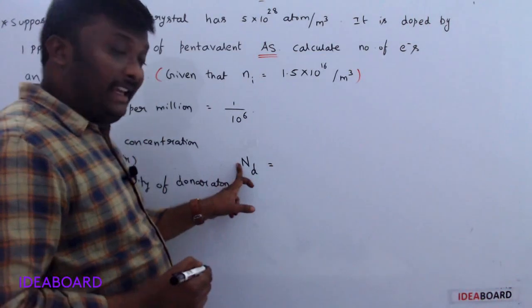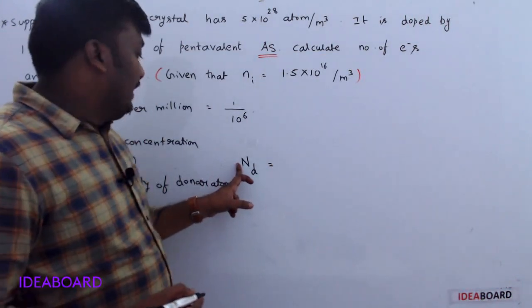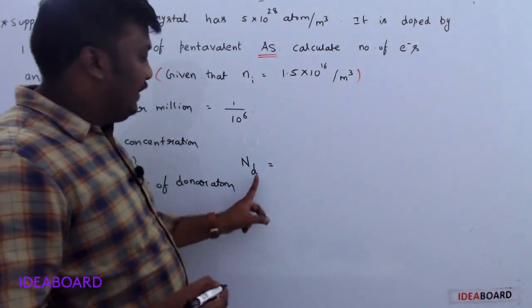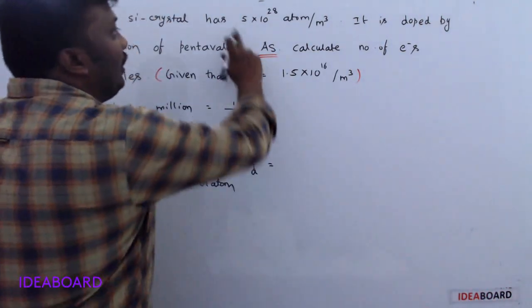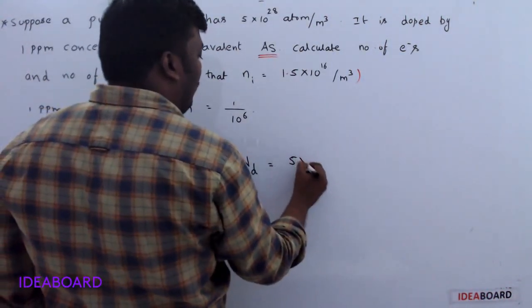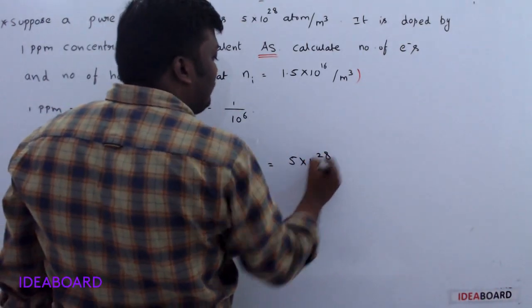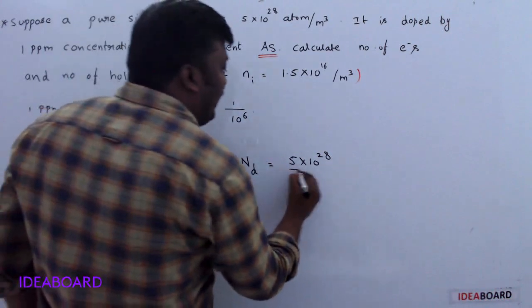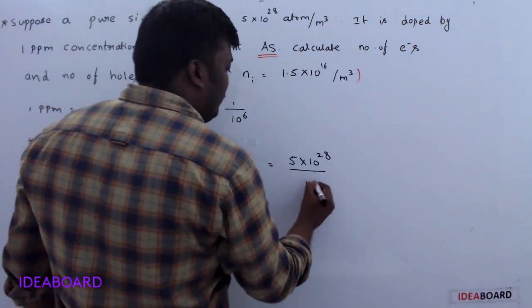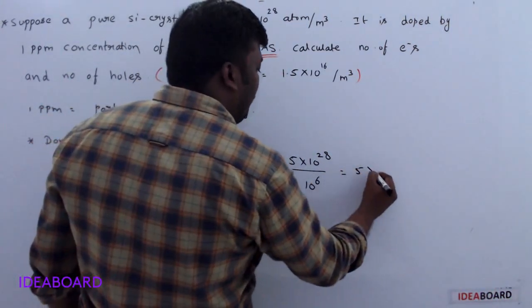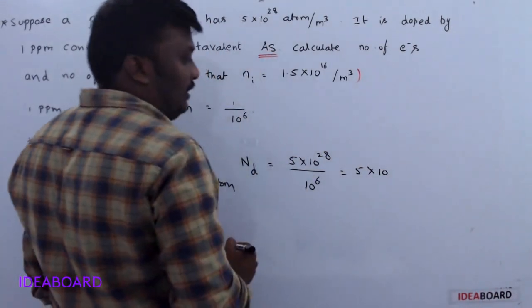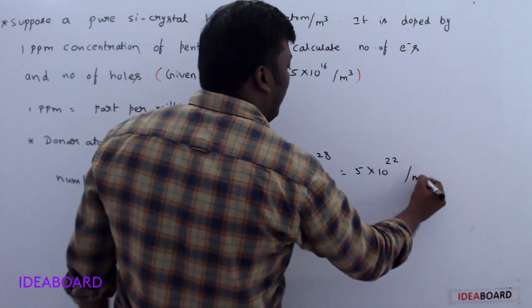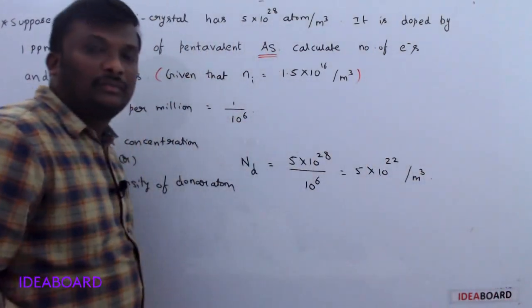Capital N indicates the number density, and that's why I wrote D for the donor atom. So how many atoms are there? 5 × 10^28 atoms. Part per million means divided by 10^6. If you divide it by 10^6, then you get 5 × 10^22 per meter cube.